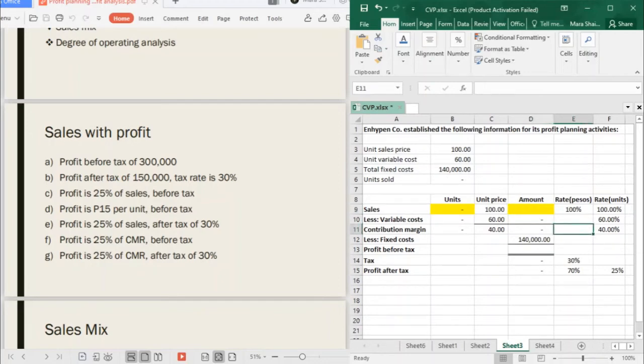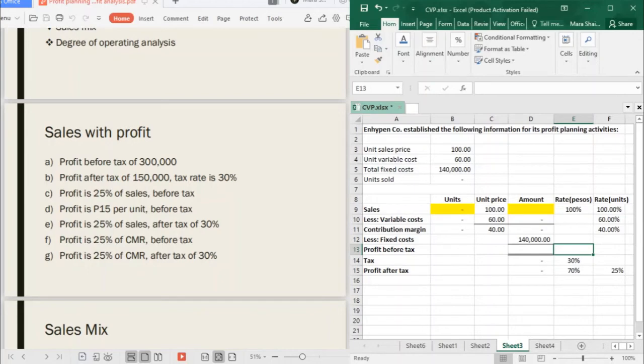Okay, your profit is 25% of CMR after you deduct 30% tax. So, clue, again, how do you arrive at the NPR?